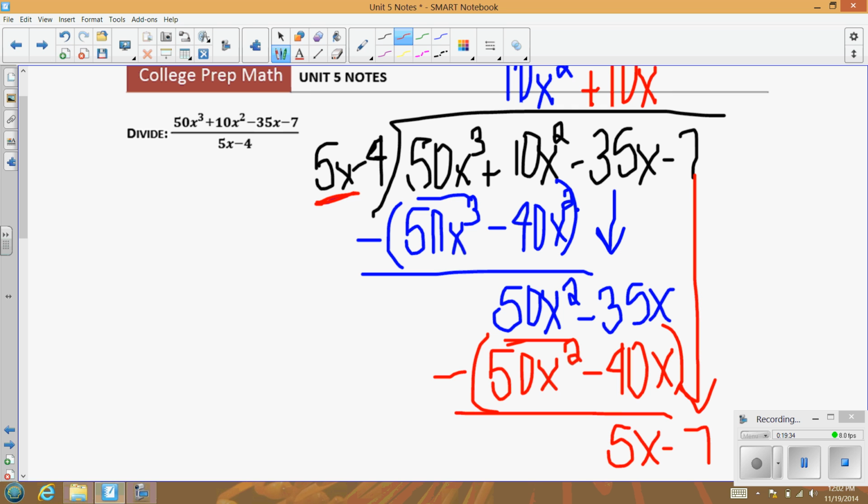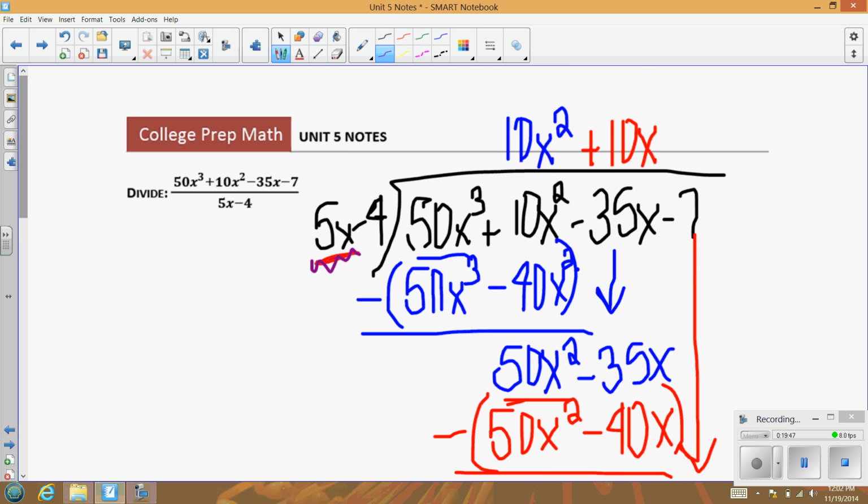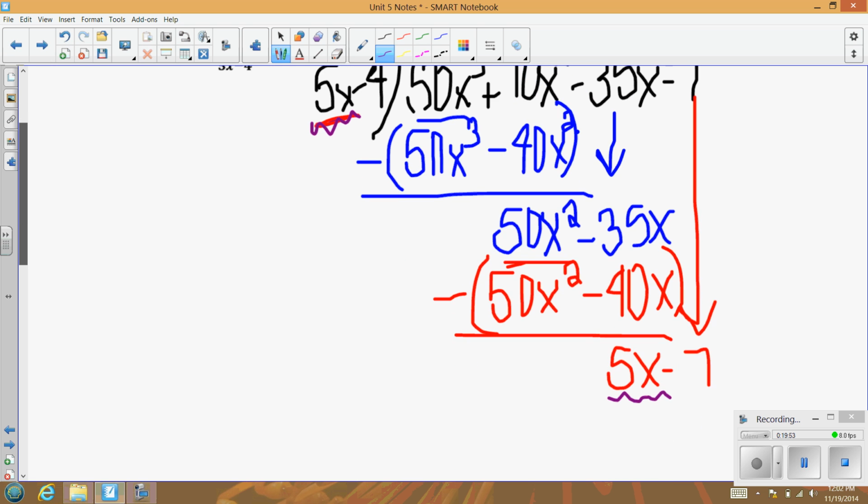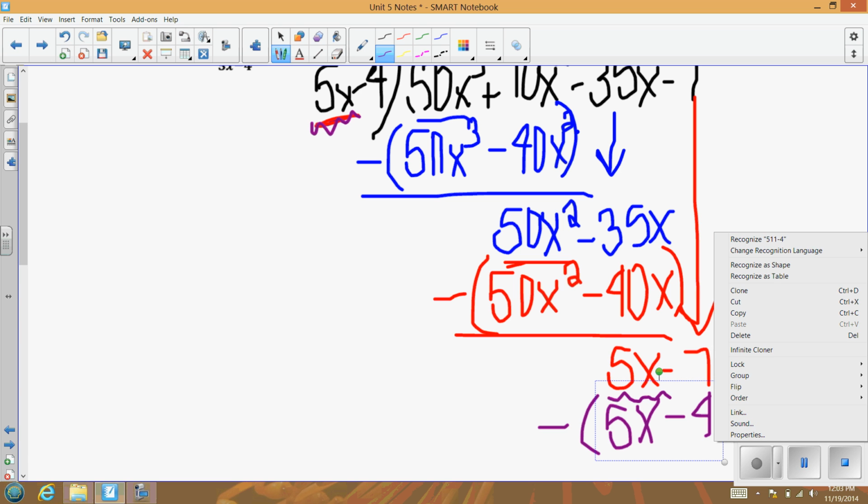And then you're comparing these last terms here. So I'm comparing the 5x with the 5x. And you would just multiply 5x by 1 in order to get 5x. So then when I multiply 1 times 5x minus 4, I'm going to be left with 5x minus 4.